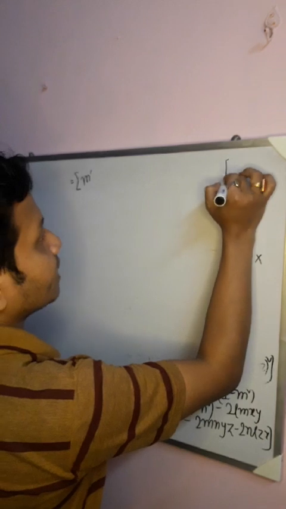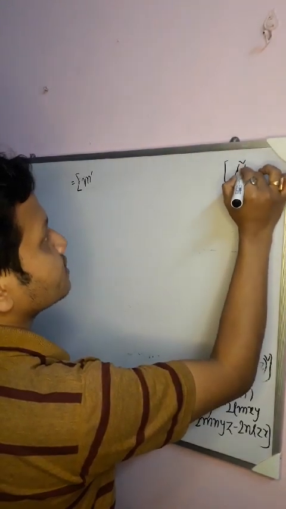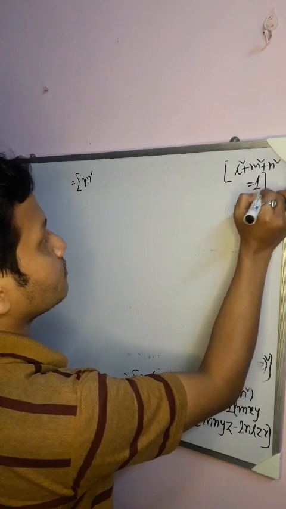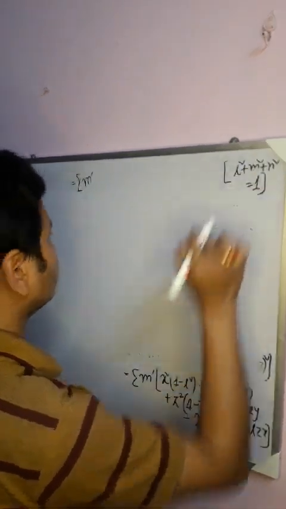We know that if L, M, N are the direction cosines, then L square plus M square plus N square, or cos square alpha plus cos square beta plus cos square gamma, equals 1.